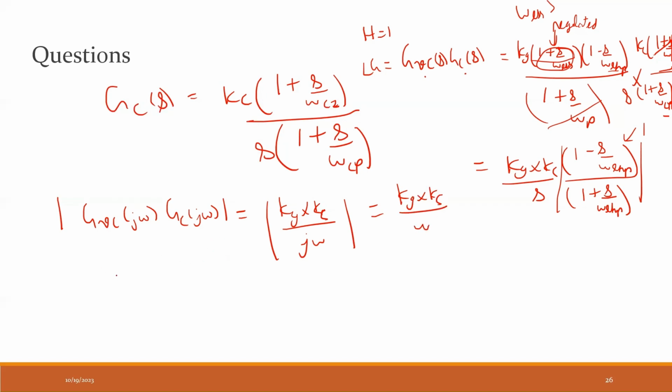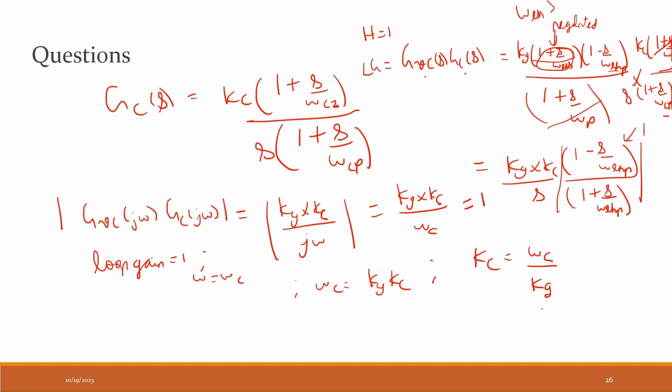Now the crossover frequency is when the loop gain becomes equal to 1. That frequency omega is known as your omega crossover. So this becomes equal to 1, and omega crossover frequency is equal to Kg into Kc. So we determine Kc is equal to omega crossover frequency upon Kg.